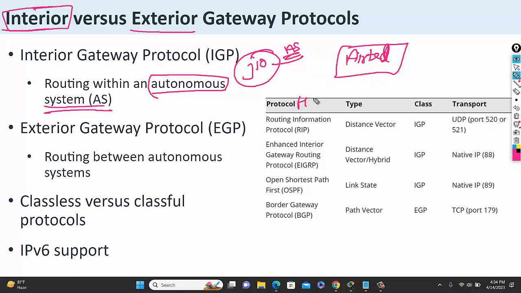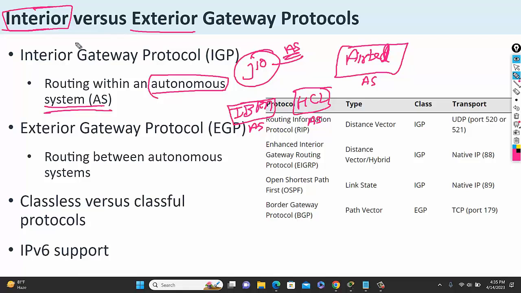Similarly, HCL or any other big company like IBM, or other big ISPs or big organizations, are considered separate ASes, or autonomous systems.